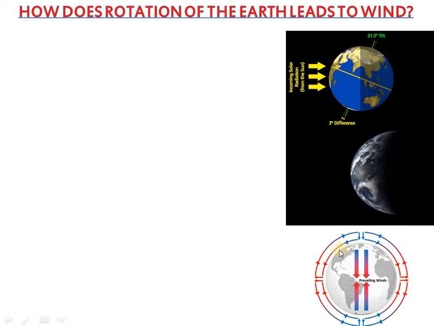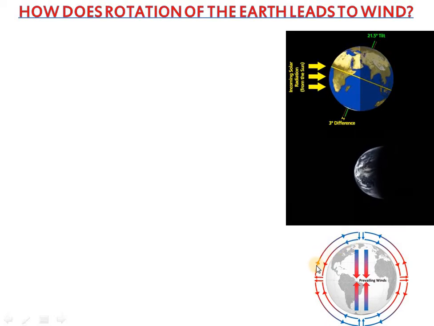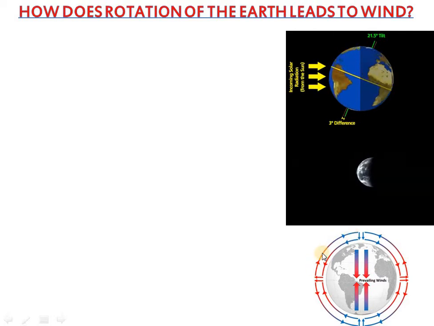So you can see this cycle. Hotter regions are shown with the red line, colder regions with the blue lines. A cycle is maintained throughout the earth. This is equally true for the southern hemisphere as well as the northern hemisphere.